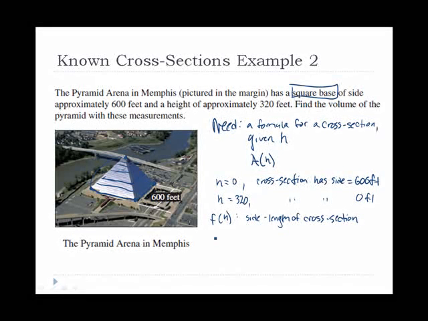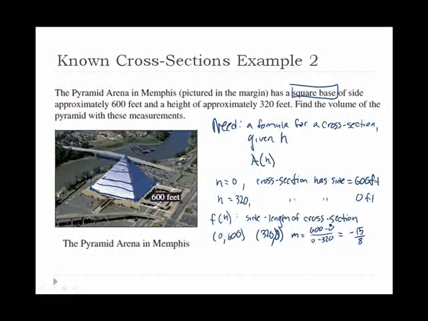So basically, we input 0, we get out 600. And if we input 320, we get out 0. And we know this is a linear function, so we have 2 points. We know it's a line, so we can figure out what that function is. Our slope would be the change in y, 600 minus 0, divided by the change in x, 0 minus 320. That slope comes out to negative 15 over 8, and that makes sense.